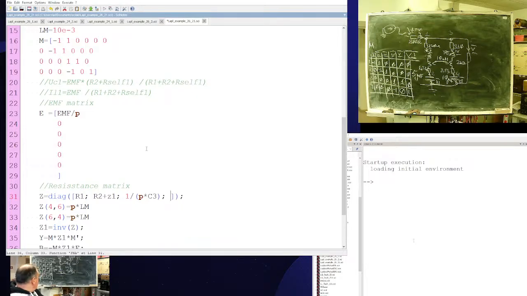Next, branch 4. It's R4 plus ohm of my mutual inductance. Branch 5, again C5.